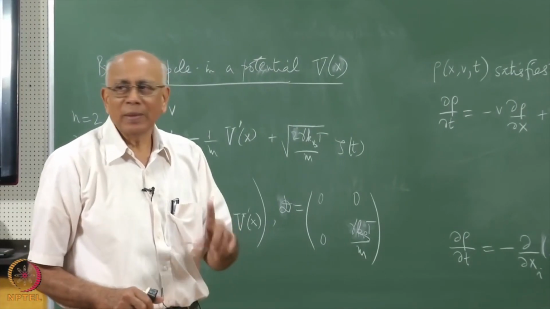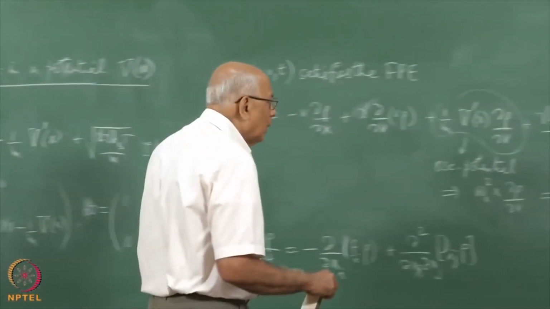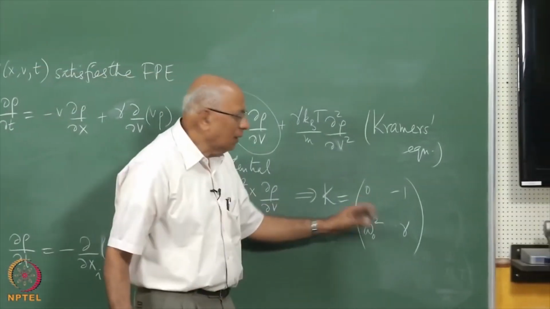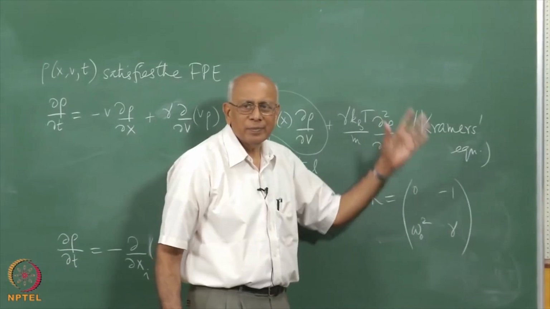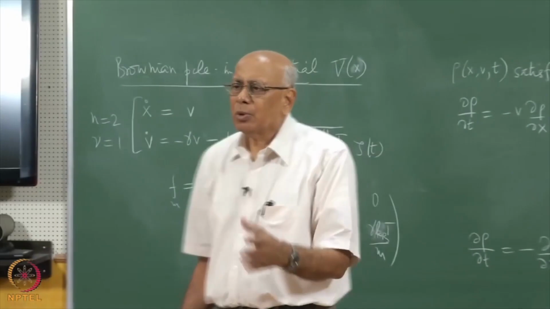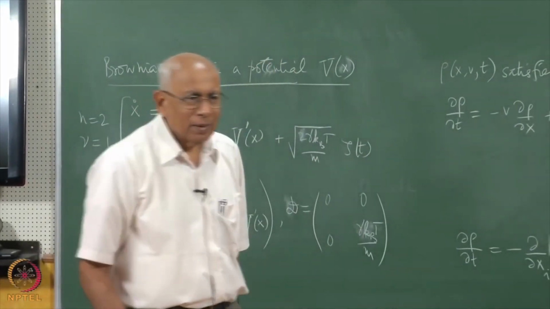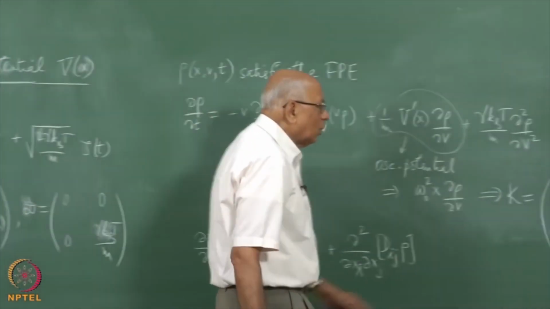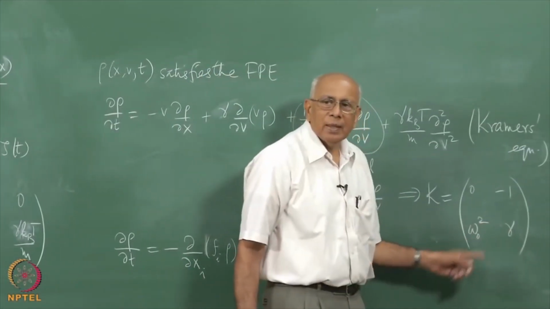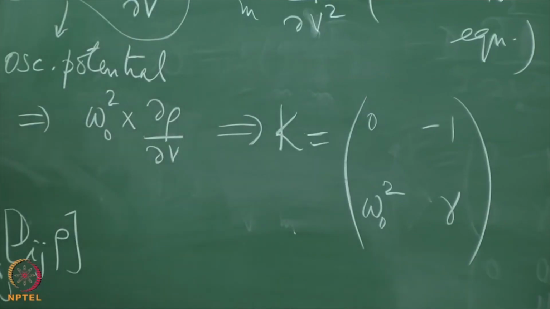This is not so simple to exponentiate, although any 2 by 2 matrix can be exponentiated. Why do I say that? Because with the 0 here, the eigenvalues are 0 and gamma, and exponentiating this matrix would have been trivial, because K squared would have been proportional to gamma K or something like that. But now that is not going to happen. There are two eigenvalues here which depend on both gamma and omega naught squared. Not surprisingly, they would be precisely the zeros of the susceptibility, the poles of the susceptibility.